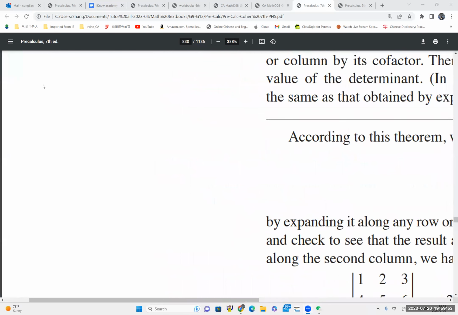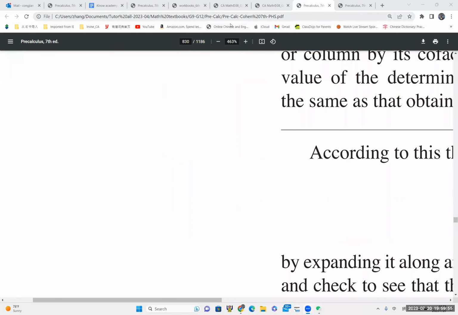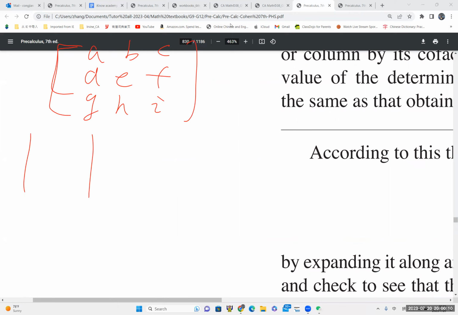Let me show you: if a matrix is A, B, C, D, E, F, G, H, I, right, this is a matrix. In order to find its determinant, you do it like this. We'll expand by a row, for example the first row.